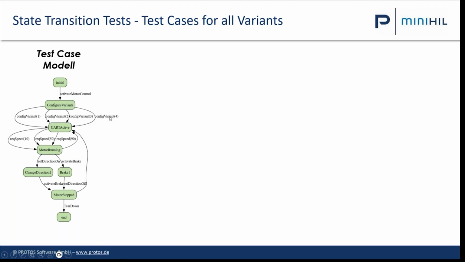You start your test case with defining a certain variant, and then you define all the paths through your application. So turn on the motor, stop, change direction, reconfigure, whatever it is, and you define all those paths through your application by defining an external black box behavior for your application. So that's not the state machine in your application.